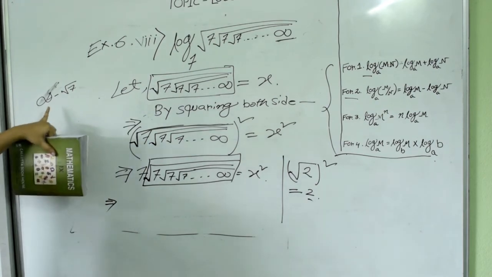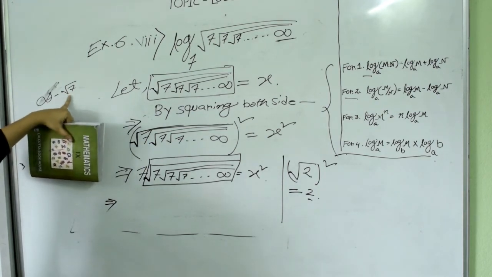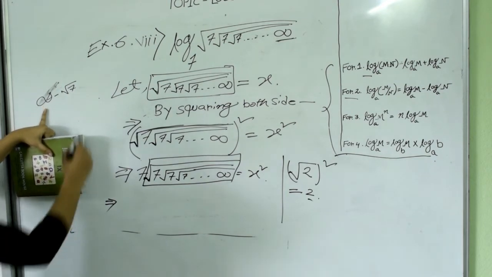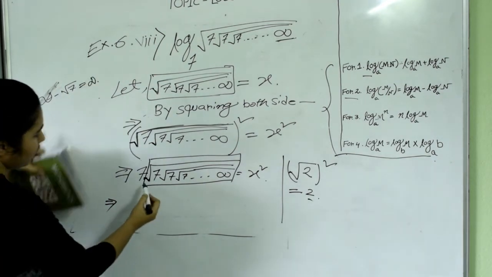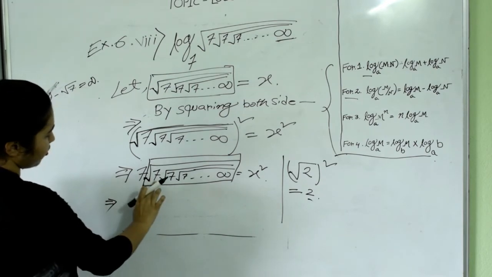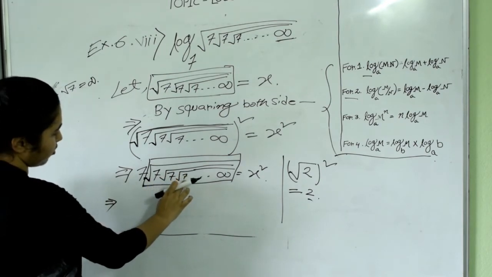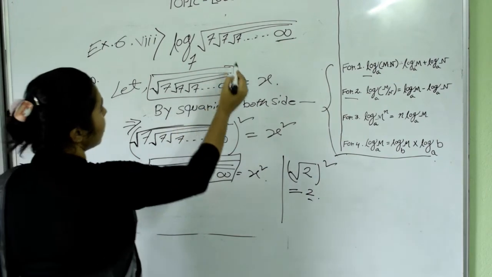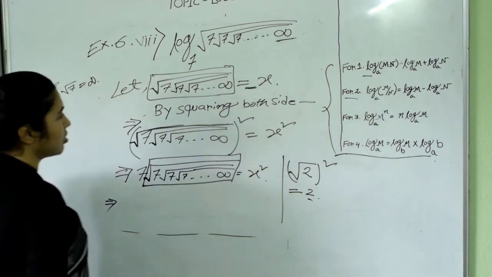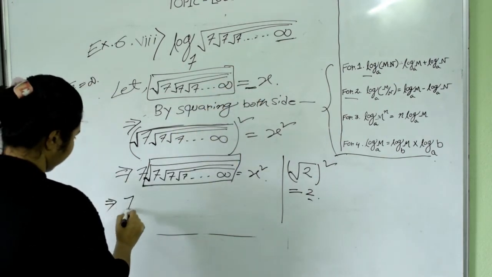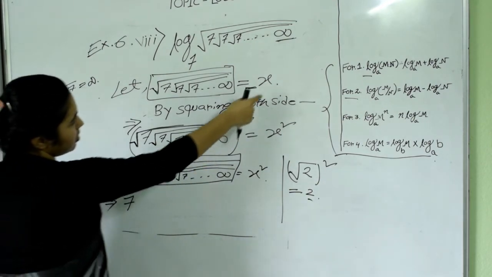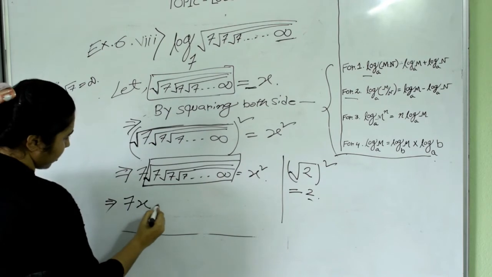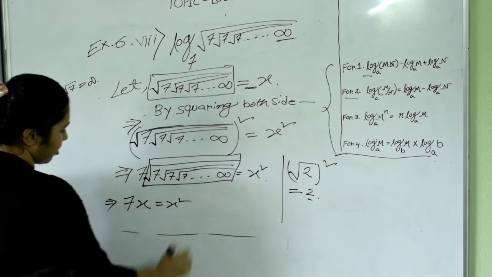It will remain infinity. That's why the value of root over 7 up to infinity is x. We can use this. So take 7 and the value of this is x. So x is equal to x square.